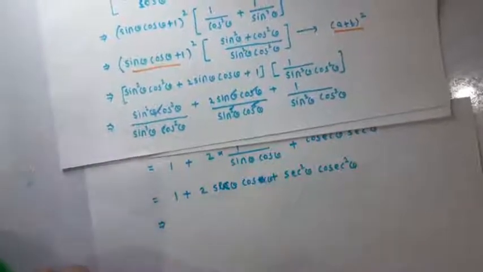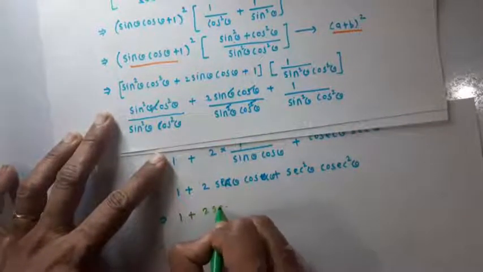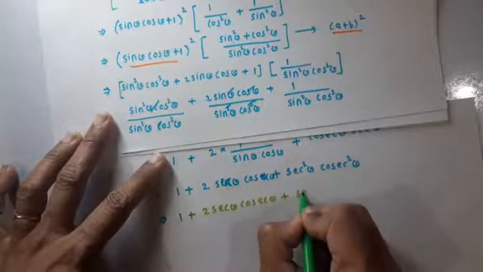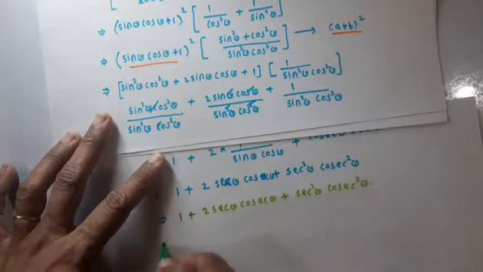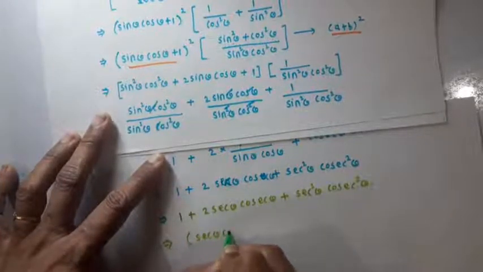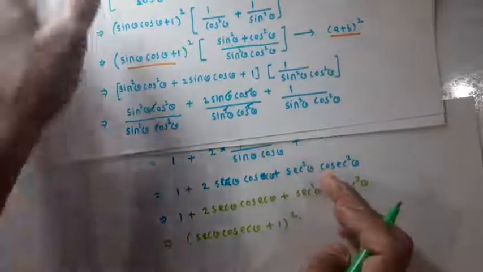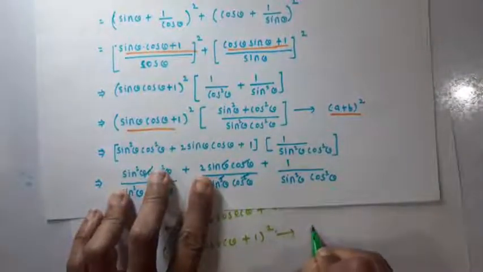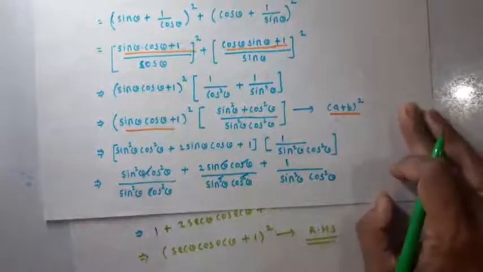So this is 1 plus 2 into sec theta cosec theta plus sec square theta into cosec square theta, and this is the expansion of (sec theta cosec theta plus 1) whole square, and this is the RHS. In this way we have to prove.